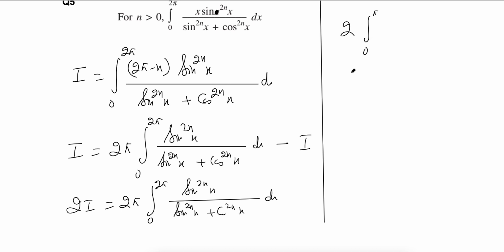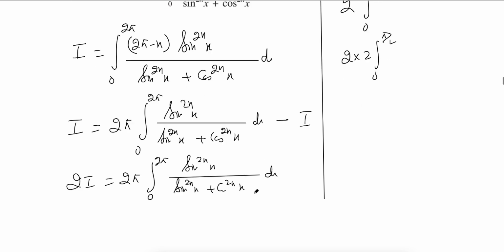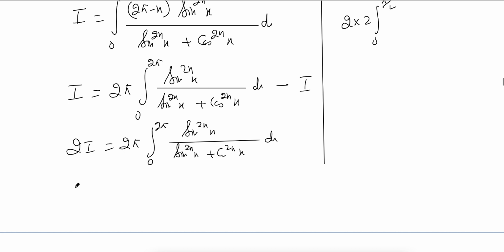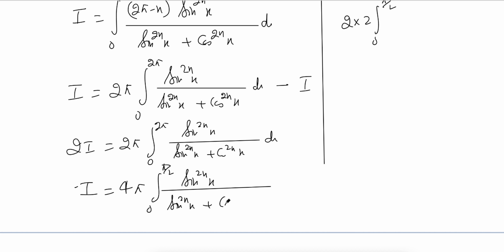And again apply. So this will become 2 more, 2 will come. So 2 into 2, 0 to pi by 2, and same thing. So finally 4 will come out. So 2 will already get cancelled. So I equal to 4 pi, 0 to pi by 2, all of you able to understand, sine power 2n x divided by sine power 2n x plus cos power 2n x.